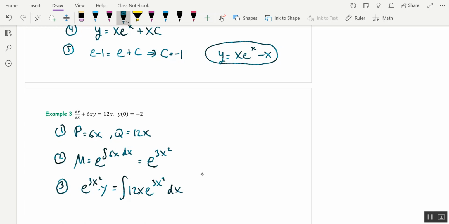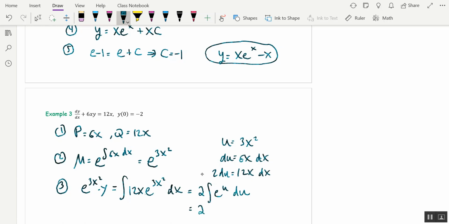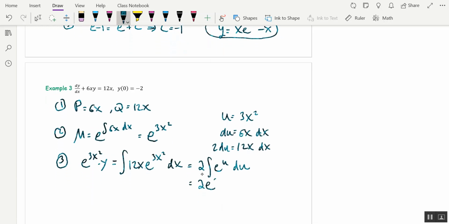Okay, this is a u sub. U is 3x squared, du is 6x dx. I have 12x dx, so 2 du is 12x dx. So this is twice the integral of e to the u du, which is 2 e to the u, I'm going to back substitute here, e to the 3x squared plus c.